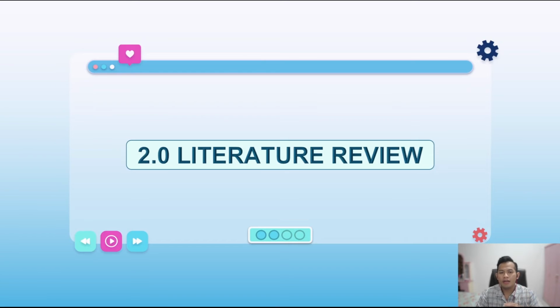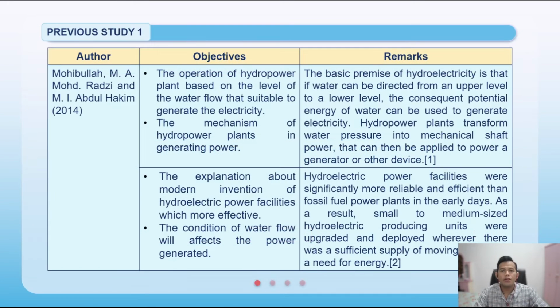For the second part, we will talk about the literature review. For previous study number 1, the title of the journal is Basic Design Aspects of Macro Hydropower Plant and its Potential Development in Malaysia. This journal was established in 2014.